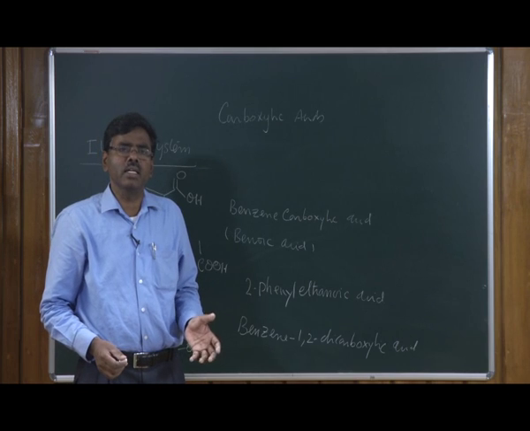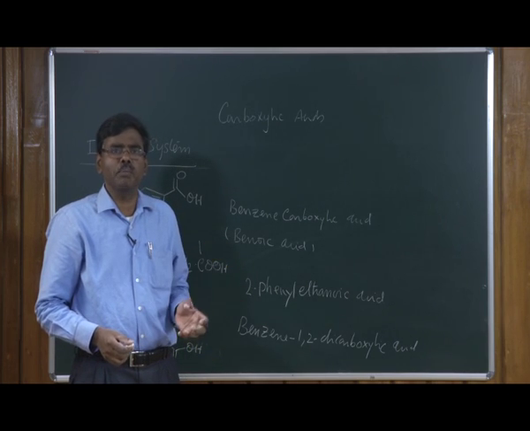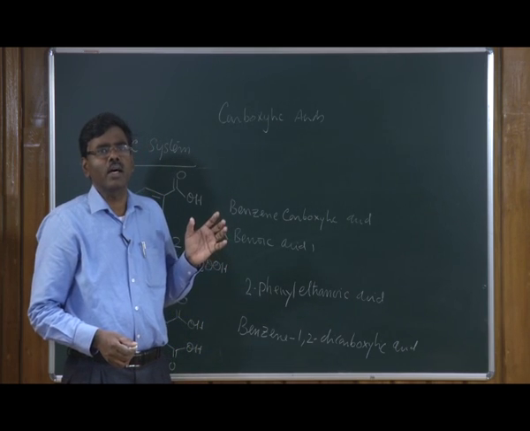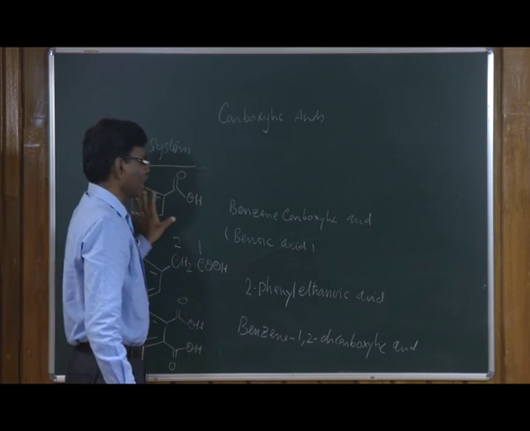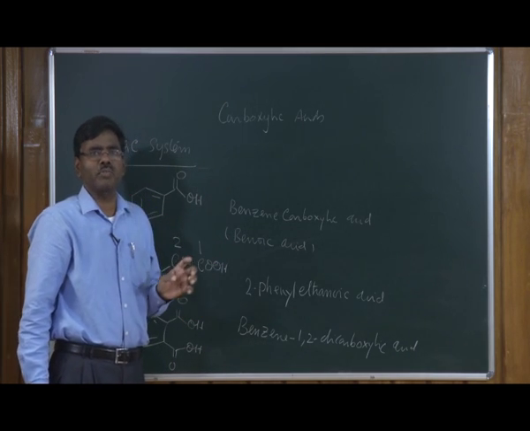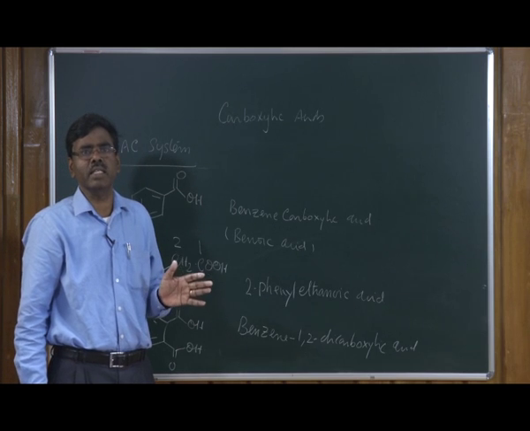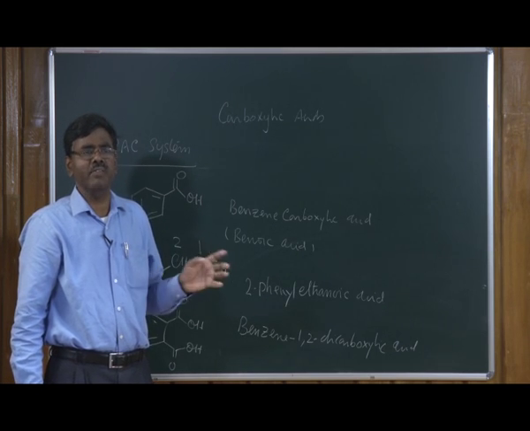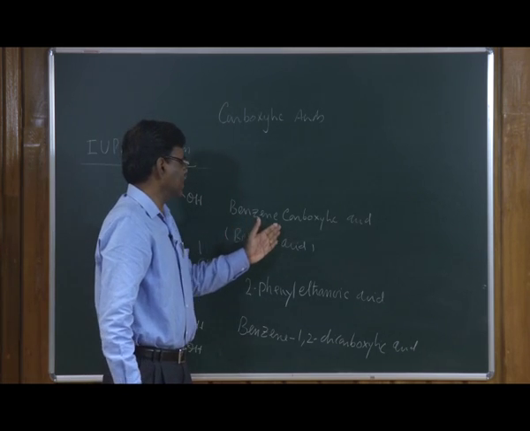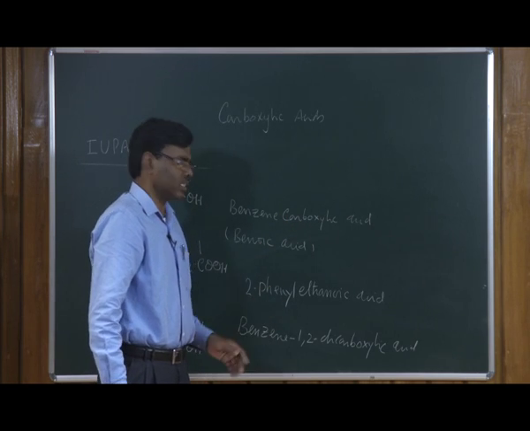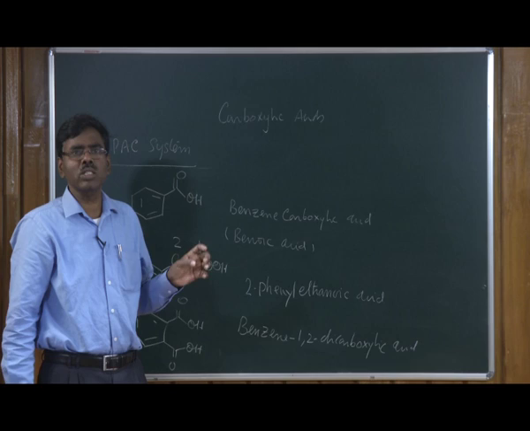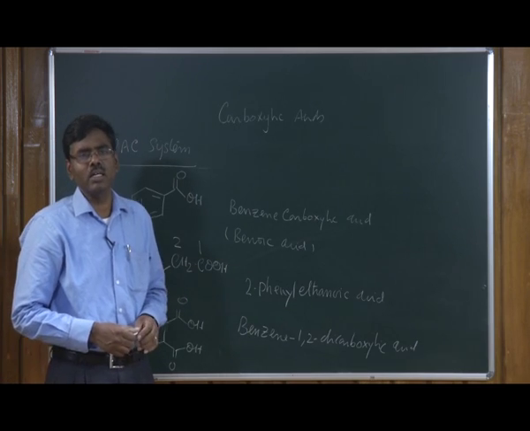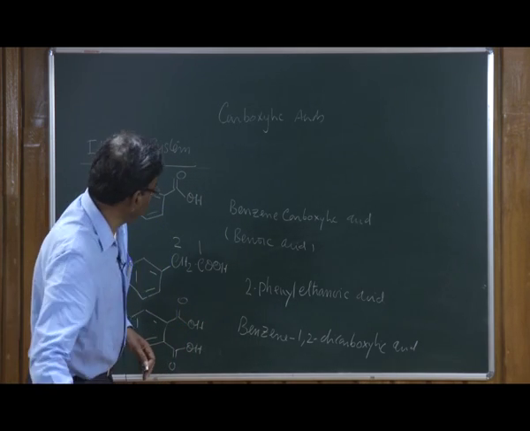Just we have seen a few examples for aliphatic and aromatic carboxylic acids, and in the IUPAC system, their names are derived from the corresponding alkanes by replacing the suffix E with OIC acid, and in all the cases you can see here. And these all are simple carboxylic acids. Let us look at now one longer chain carboxylic acid.